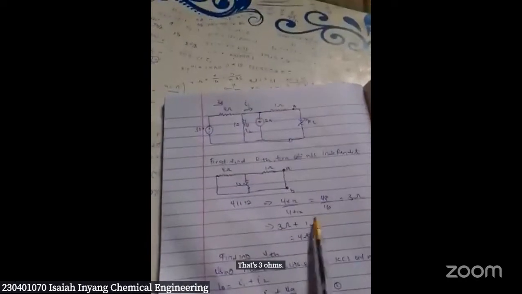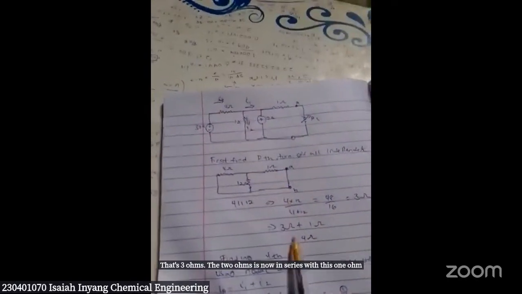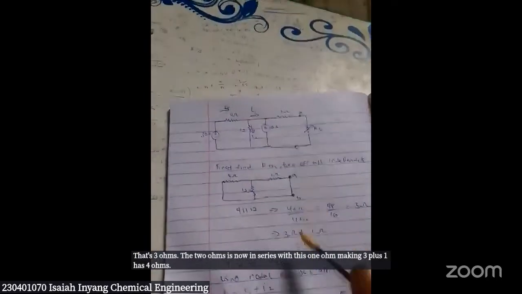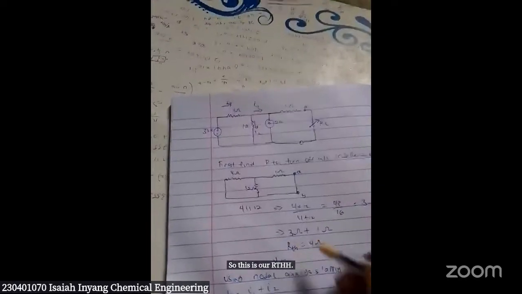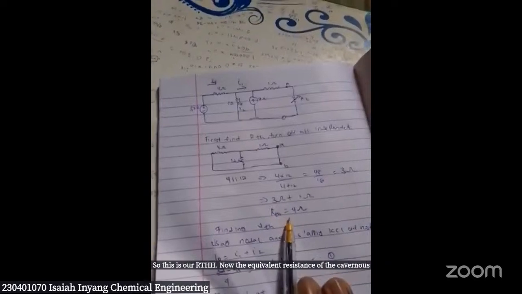So 4 times 12 over 4 plus 12, that's 48 over 16, that's 3 ohms. Then the 3 ohms is now in series with this 1 ohm, making 3 plus 1, that's 4 ohms. So this is our RTH, the equivalent resistance of the Thevenin circuit.